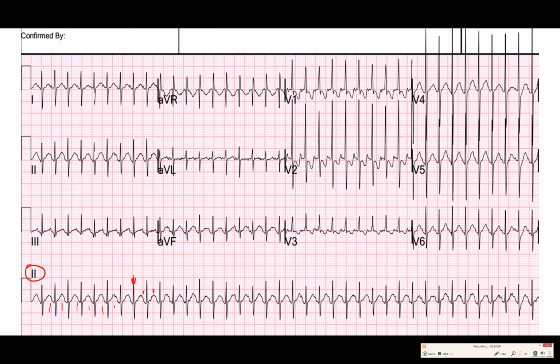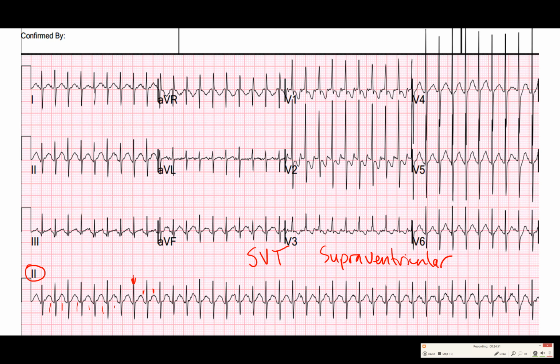So when you have a regular tachycardia that's greater than 150, narrow QRSs, very regular like this, this is another very common rhythm we call SVT. That stands for supraventricular tachycardia.